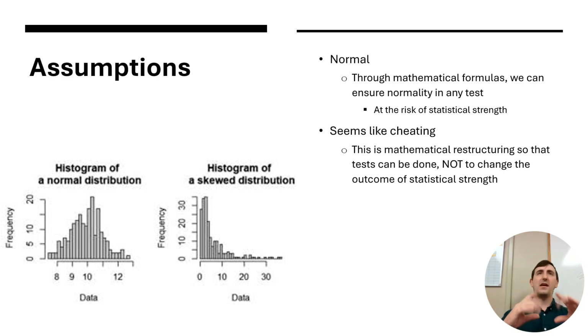Now, if my scale at the bottom of my height graph goes from 0 inches to 2 inches tall, everyone's going to skew to one side, right? Everyone's going to skew off the edge of that graph, way past that measurement tool. So that's not a normal bell curve. That's not a normal distribution.